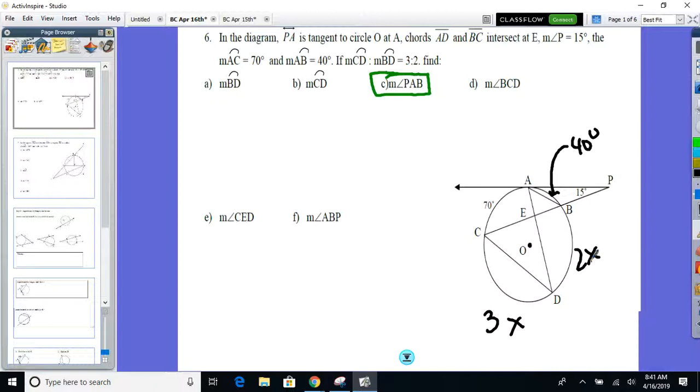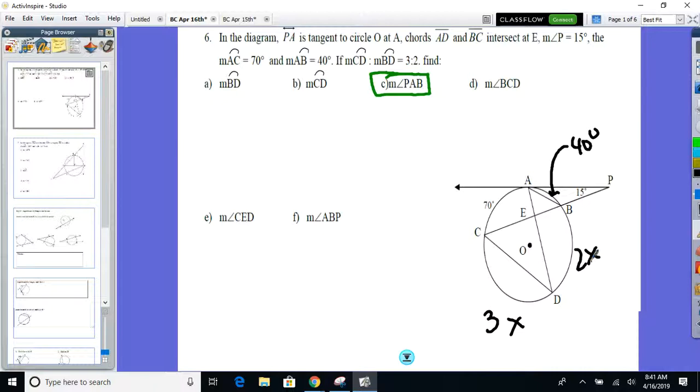So I can take 40 plus 70 plus 3x plus 2x, set it equal to 360. Solve for x, plug it back in, and you'll have arc BD along with arc CD. So you have the first two done. There's no diameter here, so I can't set anything equal to 180 degrees. Good? Okay. Yes, Maggie.